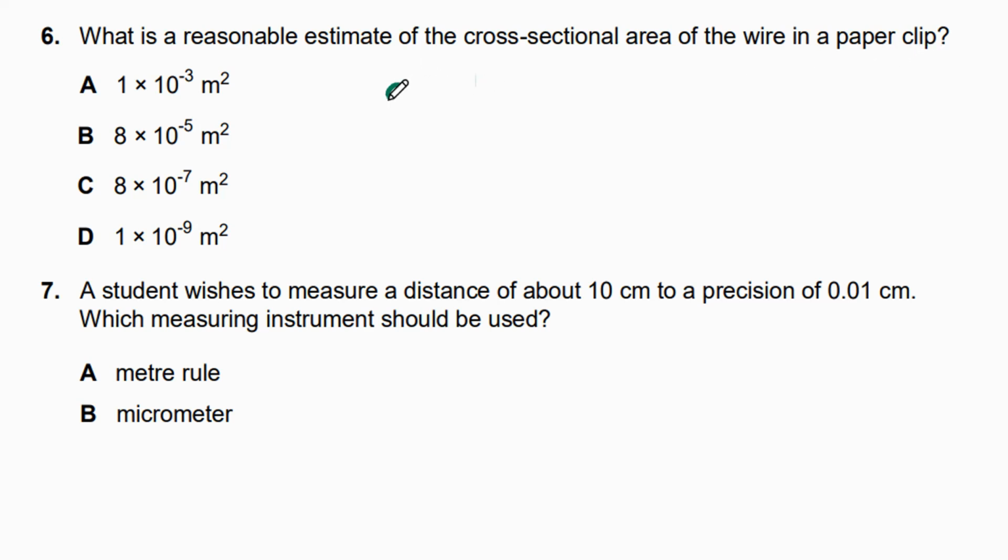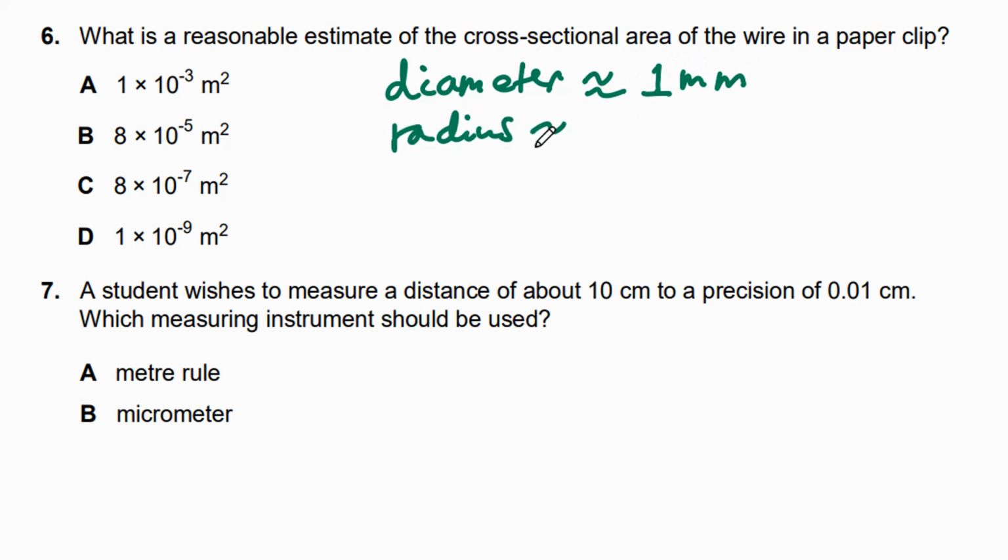Here we need to know that the diameter of the wire in a paper clip is approximately 1 millimeter. So the radius then will be approximately 0.5 millimeters.